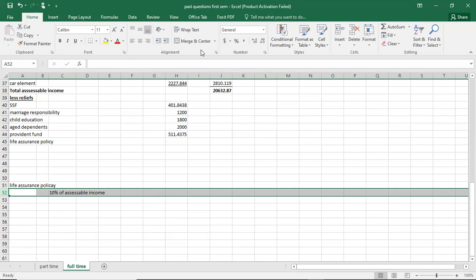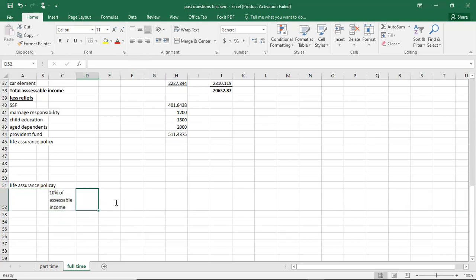So then you also work out 10% of sum assured. Then you pick the premium. Then you select the lowest.